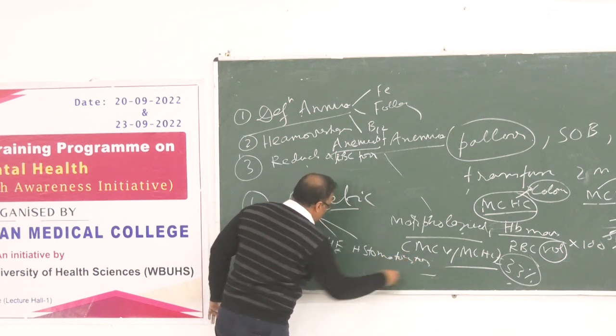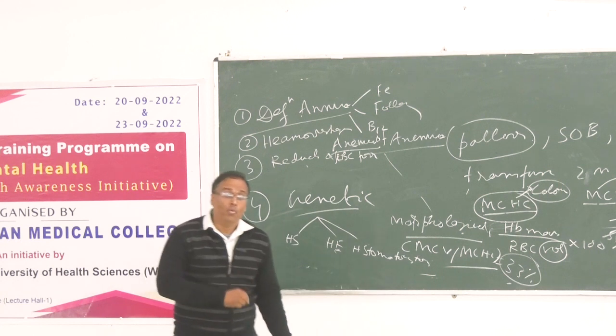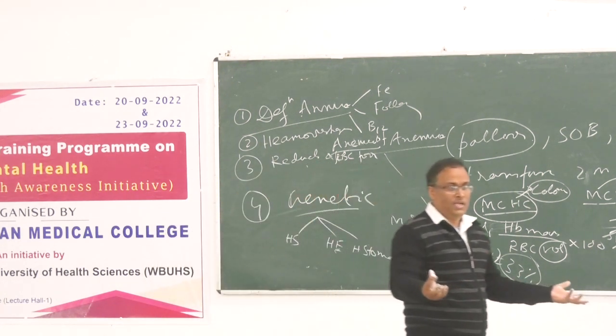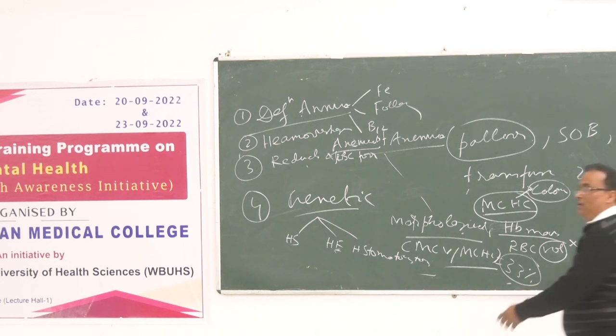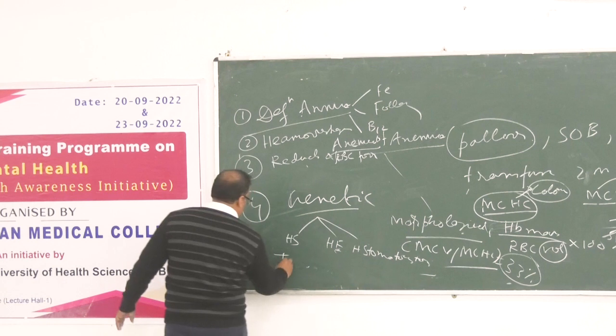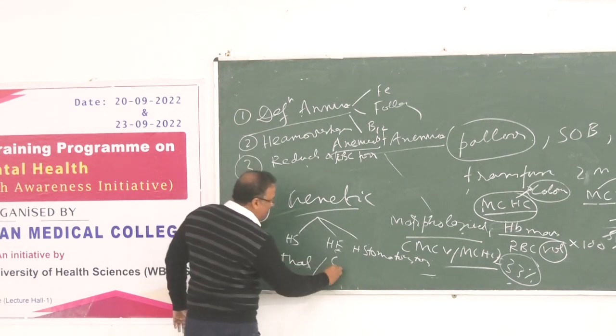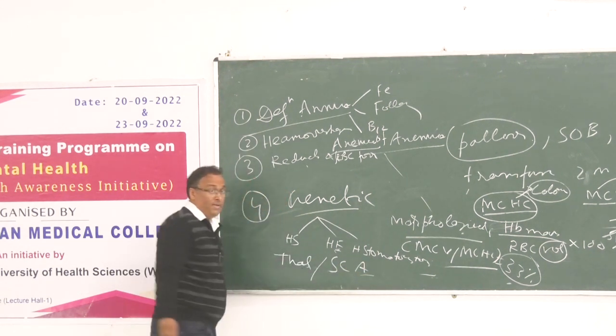Then thalassemia, genetic sickle cell anemia. So what happens is my globin structure is a problem. Globin structure is problematic means thalassemia will come, and sickle cell anemia will come like this.